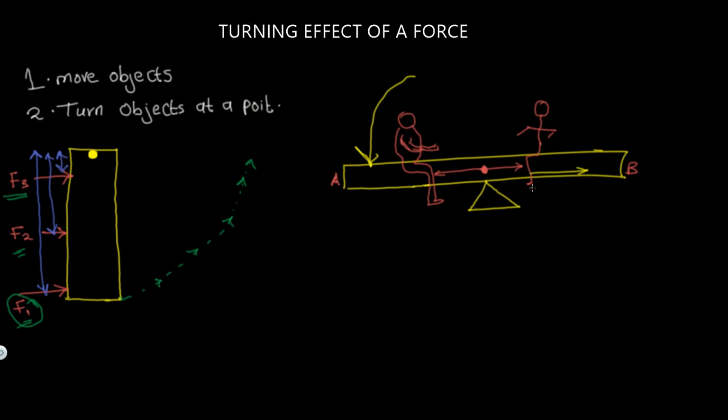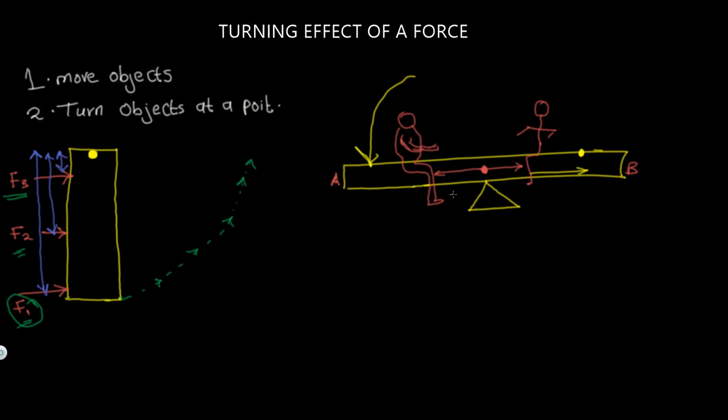Remember, when he was sitting here, their distances were the same. But when he moves to a point like this, you'll realize that this swing will now balance. What has happened is that we have varied the distance from this person to the center point. So distance matters a lot when it comes to balancing this system.